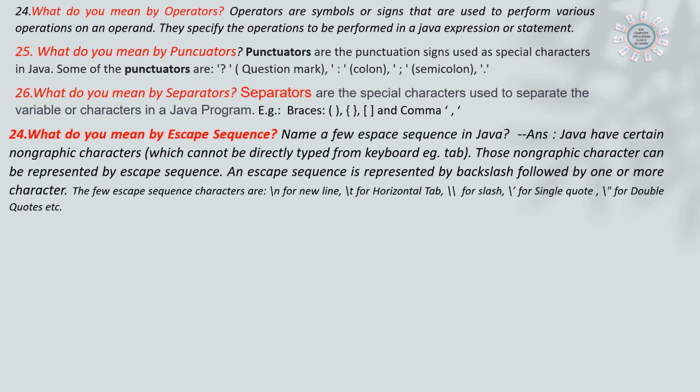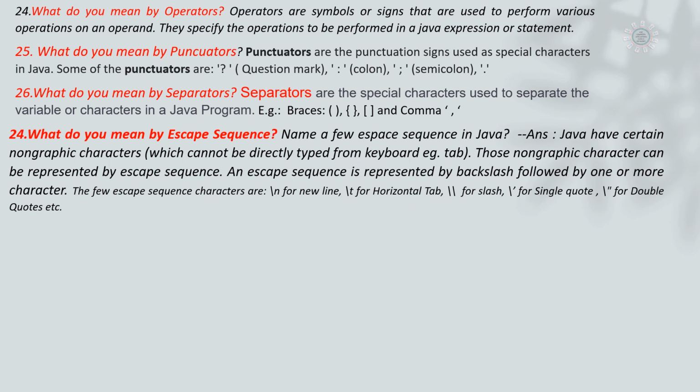You have to study this, and then comes escape sequence. This is an important topic in ICSE board. What do you mean by escape sequence? Here, Java has certain non-graphic characters which cannot be directly typed from the keyboard. So these non-graphic characters can be represented by escape sequence. This we have explained in the video.